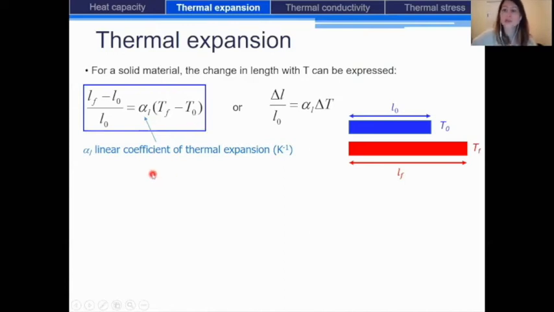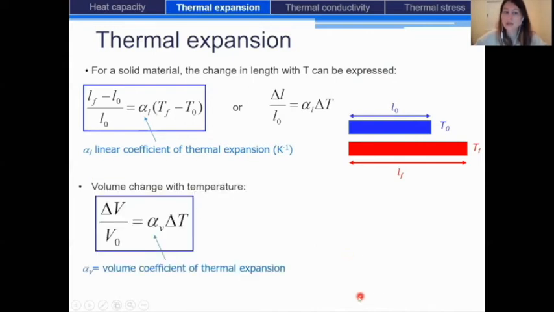In that case, we are focusing on the thermal expansion of the material in the direction of this bar, so we are using a linear coefficient of thermal expansion. But of course, this expansion is occurring in 3 dimensions, and so we can also look at the volume change with temperature. It is a very similar equation, in which we observe the change of volume, and the coefficient used is the volume coefficient of thermal expansion.